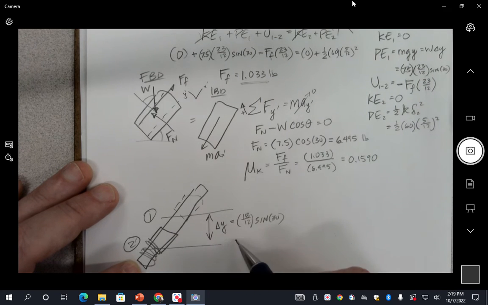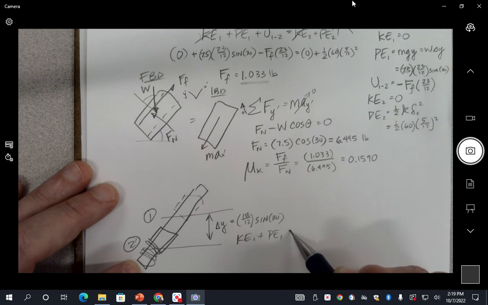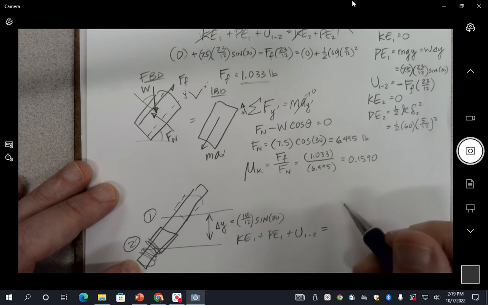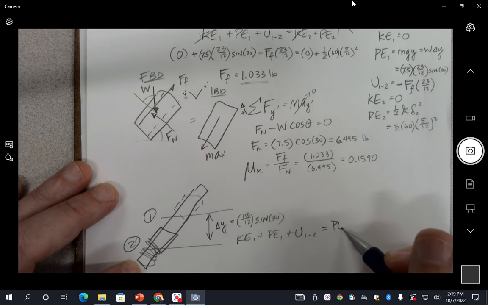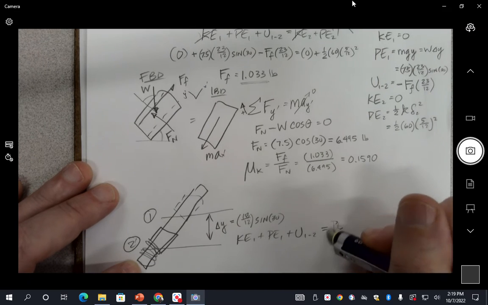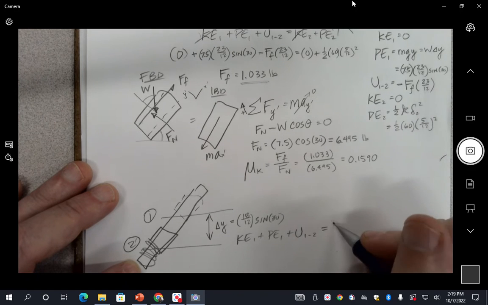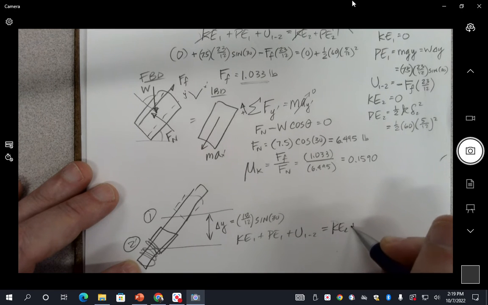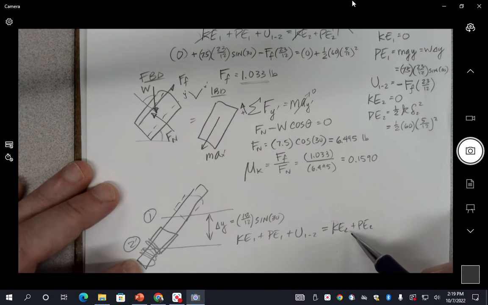And so now KE1 plus PE1 plus U1 to 2, and these are all different new 2's. So this KE is the thing that we want to try to find now.